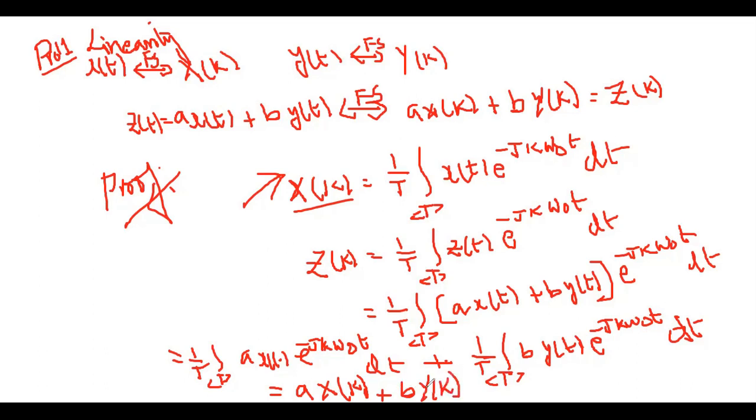So a into x of k plus b into y of k is z of k. So by the linearity property, adding two signals x of t and y of t with constants a and b and applying the Fourier series gives a into x of k plus b into y of k. This is the first property, the linearity property.